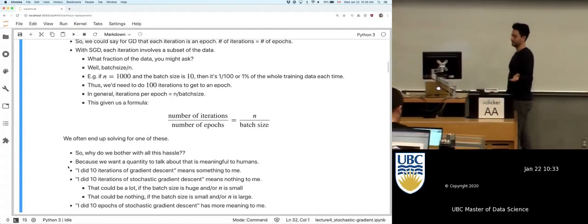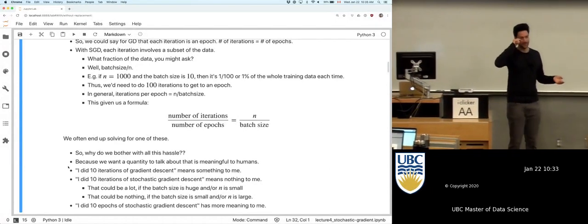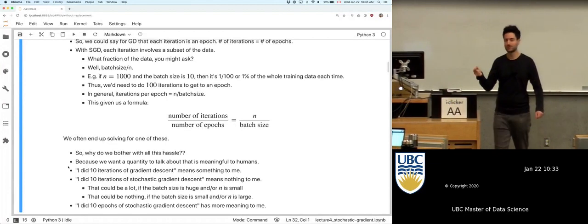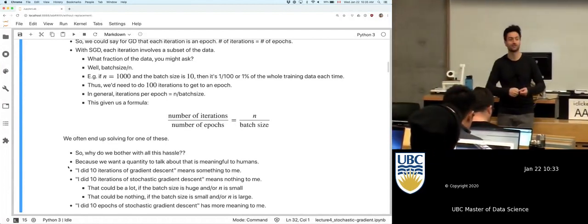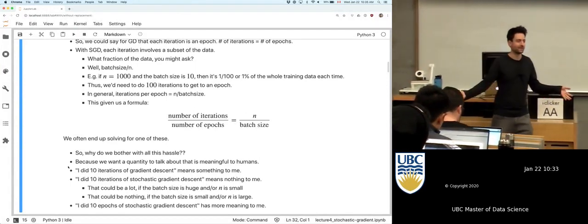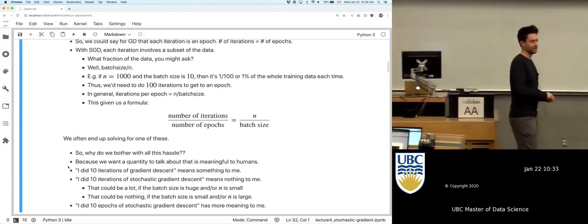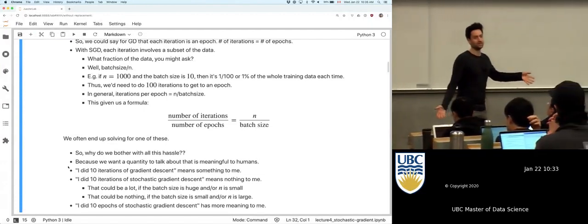Because is 10 iterations a lot? Is 10 iterations a little? It kind of depends. These could be really, really tiny iterations where the batch size is just 1 out of a million training examples. So if I looked at 1 out of a million training examples 10 times, I haven't really done anything. I've hardly looked at any of the data. But if my batch size is really big, then 10 iterations could be a lot.